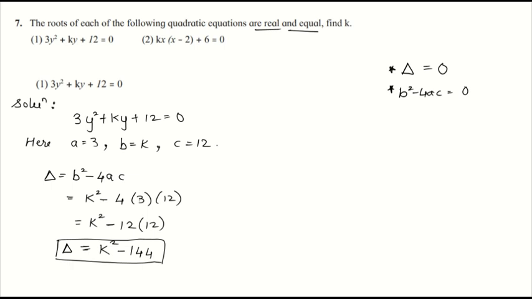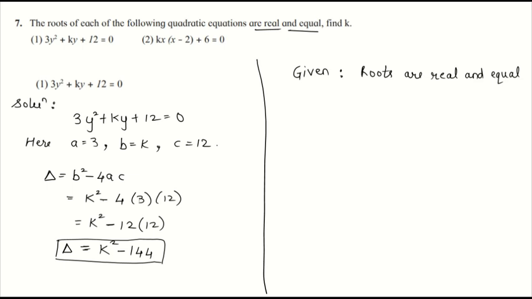But it is already given that roots are real and equal. That means we know that delta is equal to 0. Just that we need to find the value of k. So delta that we got is k square minus 144 is equal to 0.